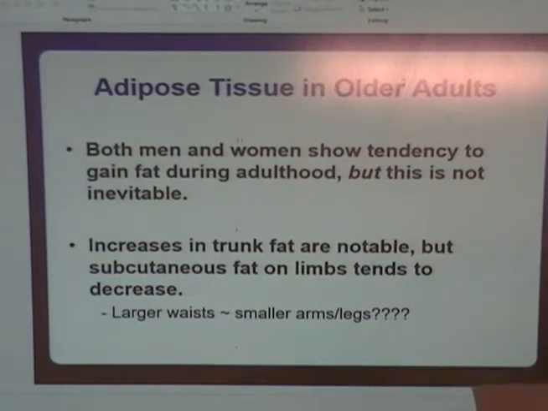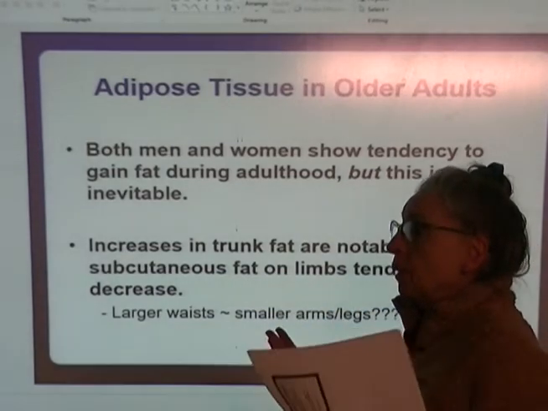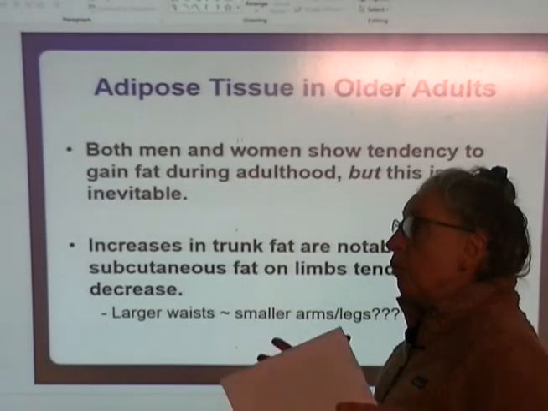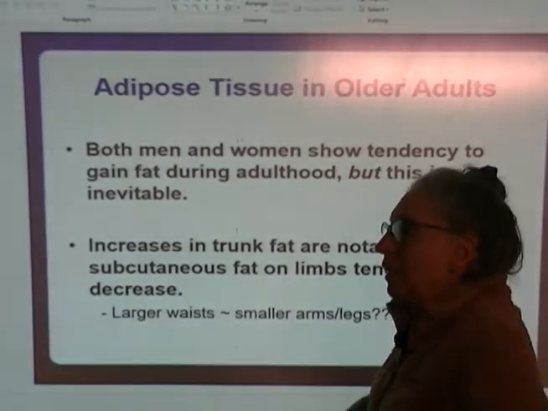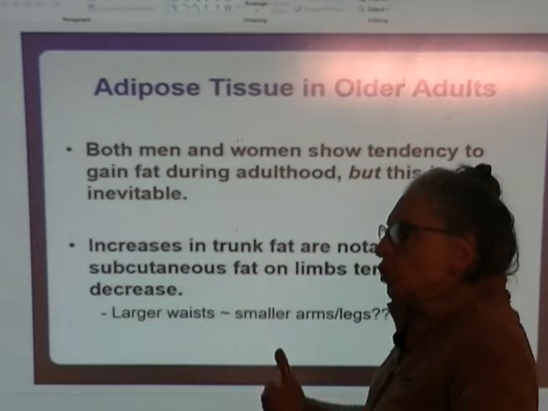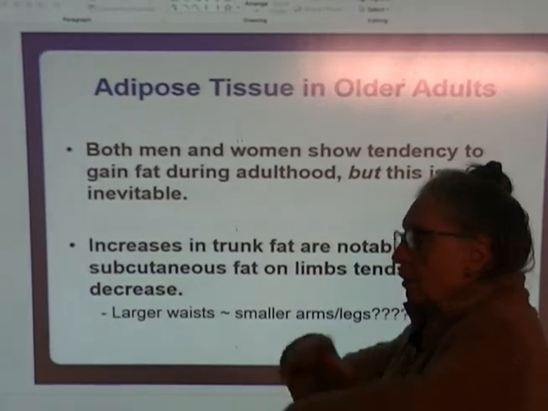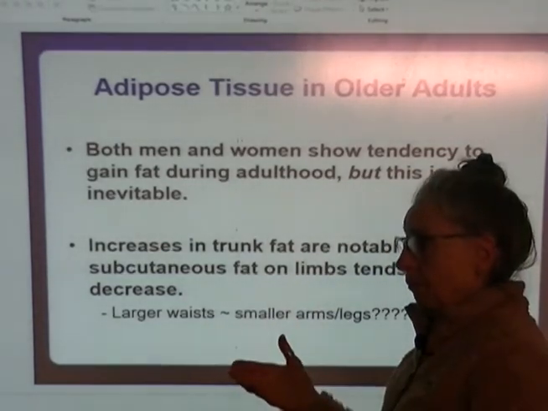Okay. And depending a little bit on your genetics, people who are more prone to type 2 diabetes are going to be laying down this additional fat around their trunk and not on their arms and their legs, particularly men. All right?